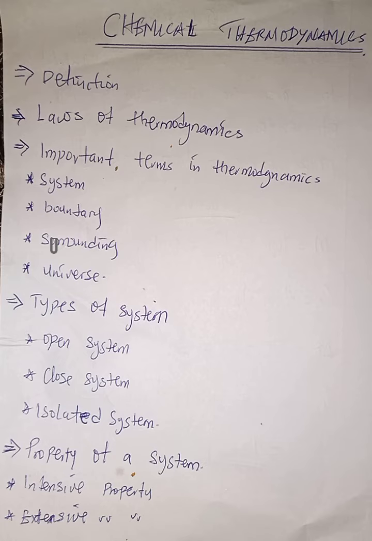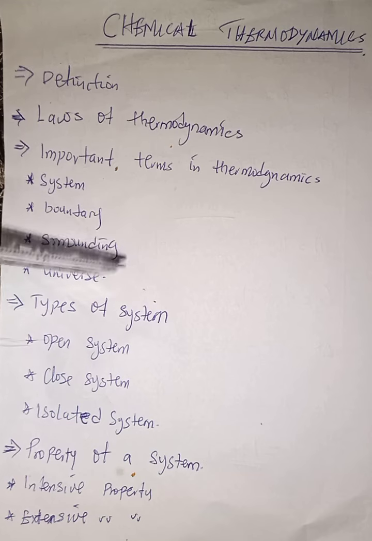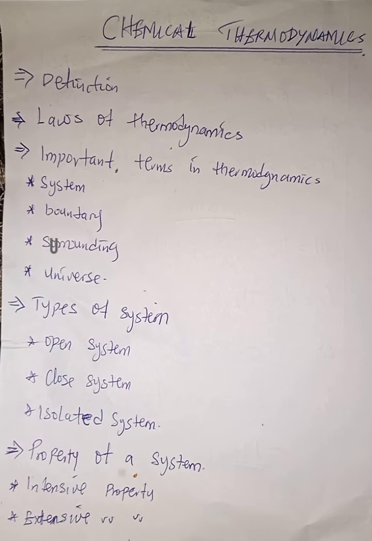The boundary is that which acts as a separator between the system and the surrounding, while the surrounding is the part which is external to a thermodynamic system. The thermodynamic universe, which you are seeing here, is that which encloses the system, the surrounding, and the boundary.